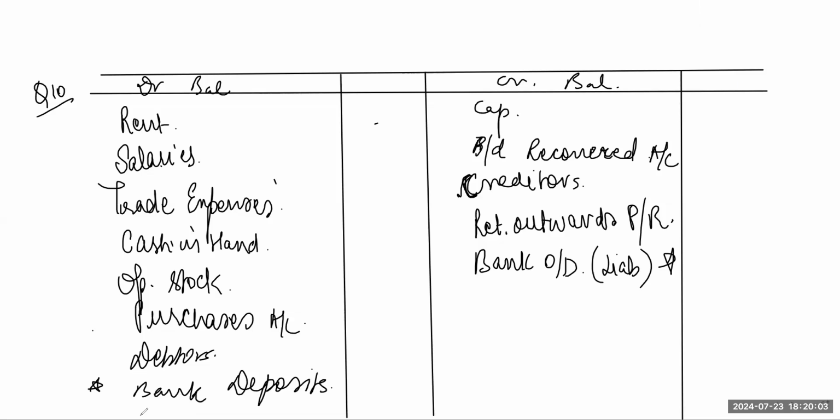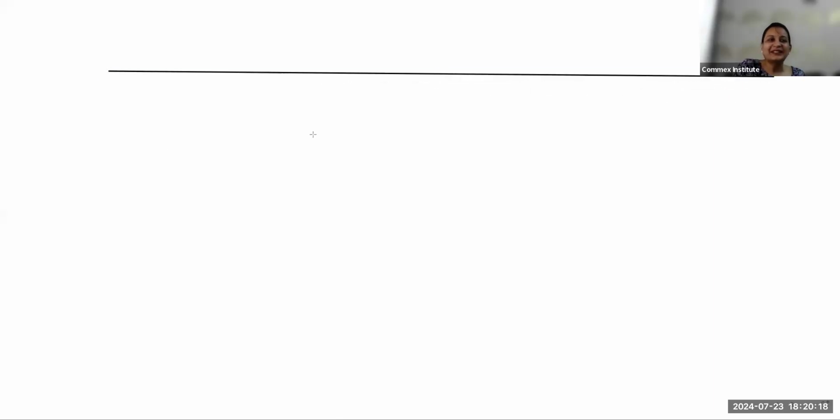Yes, ma'am. Drawings will be debit side. Discount allowed, you already said, would be on the debit side because it is an expense. Yes, ma'am. Everybody has taken it down. Just a moment, Navya. You're going a bit fast, right? So now I'm drawing it again.